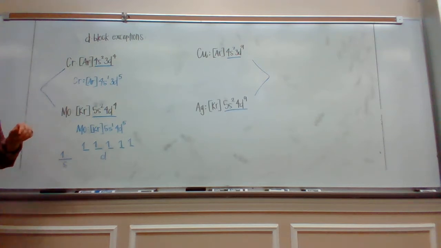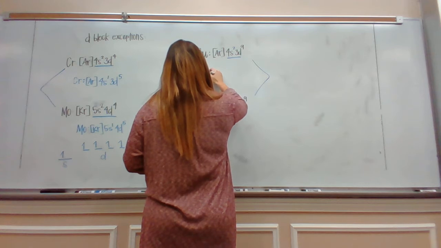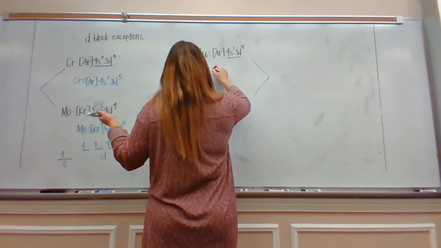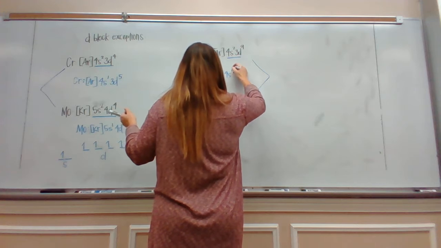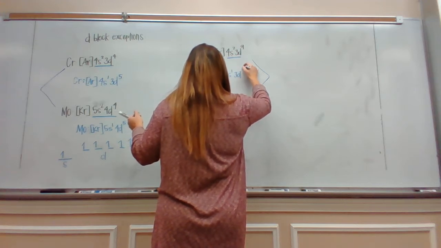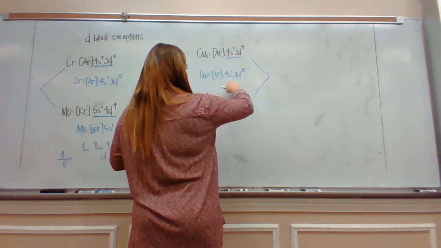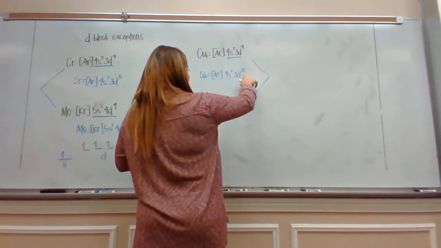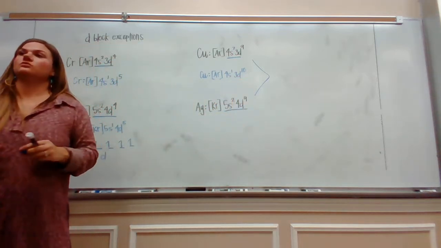These two do something similar, but instead of completely half-filled, their d orbital becomes completely filled. So again, I take one of the s electrons, I move it to the d orbital. Now that d orbital is completely full.